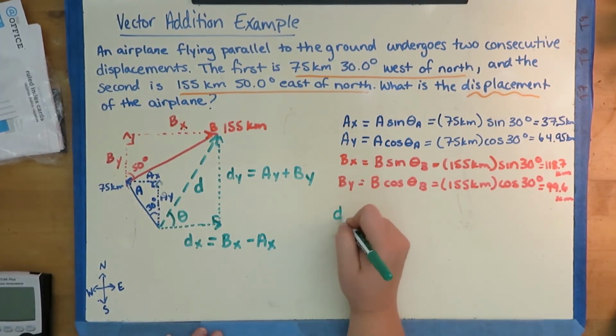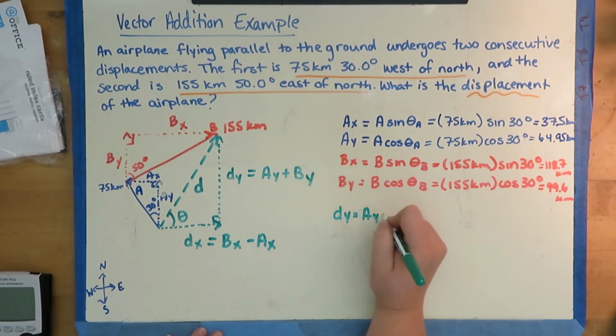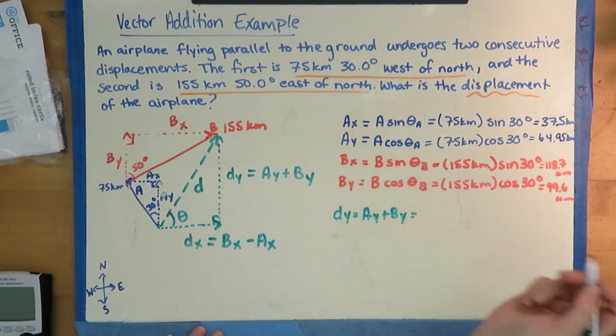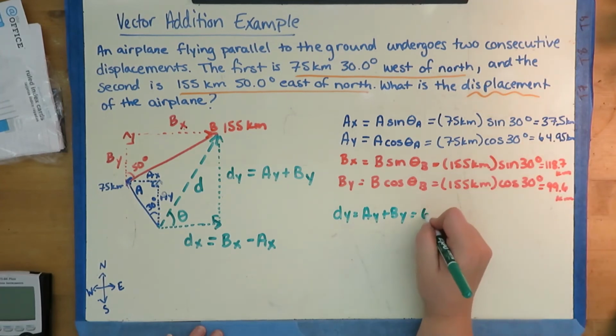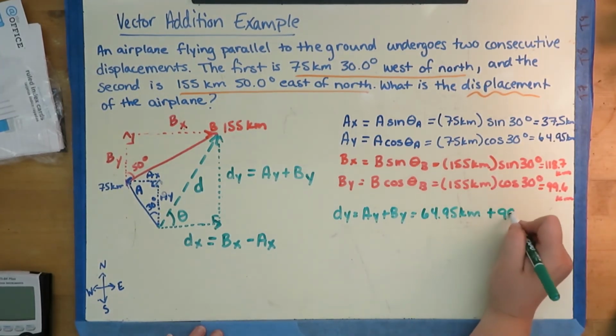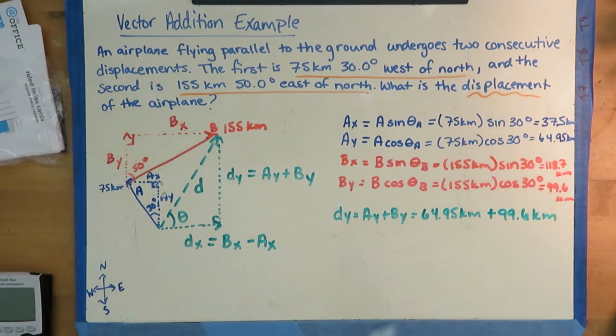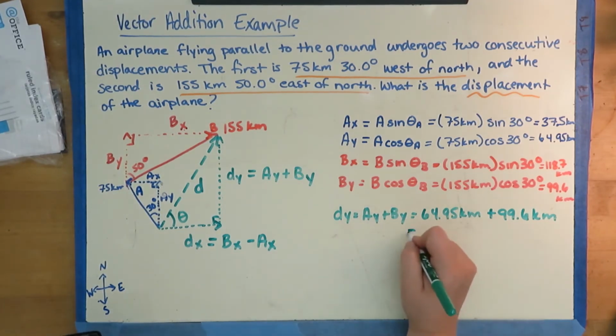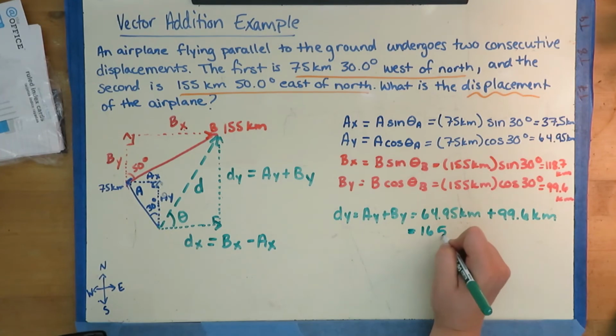So dy is going to be AY plus BY. So it is going to be 64.95 kilometers plus 99.6 kilometers, which ends up being 165 kilometers to 3 sig figs.